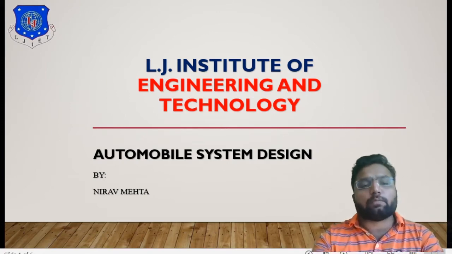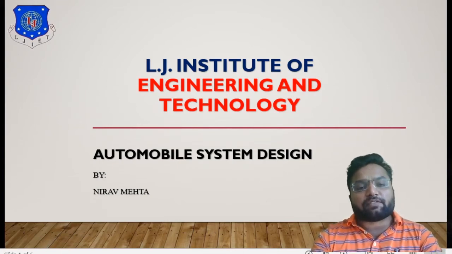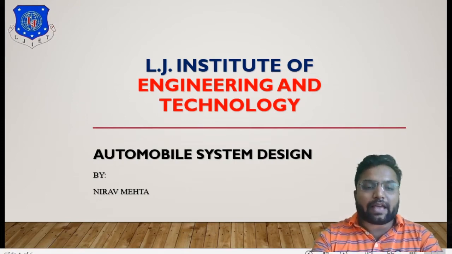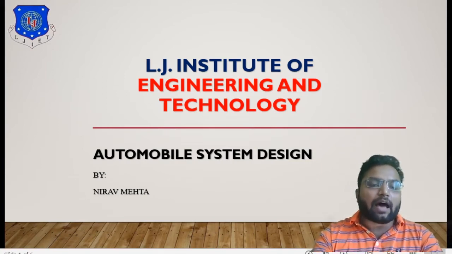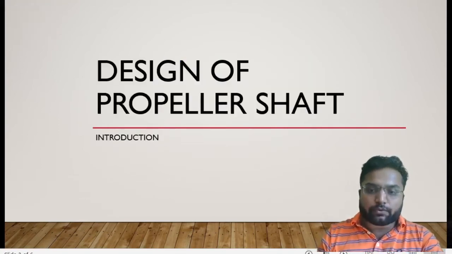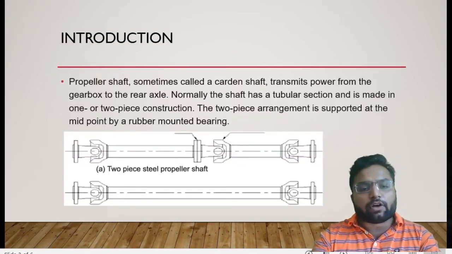Clear? In most cases, our propeller shaft fails when we are heavily loading our vehicle, or the vehicle attains excessive load. That is a major cause of propeller shaft breakdown. So this was a brief introduction about the propeller shaft.